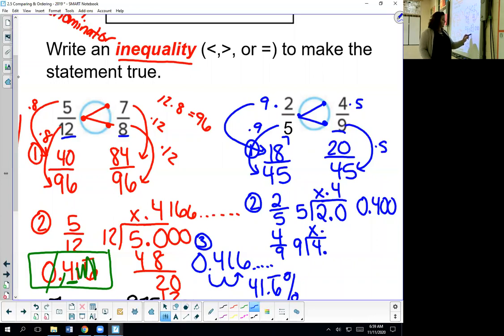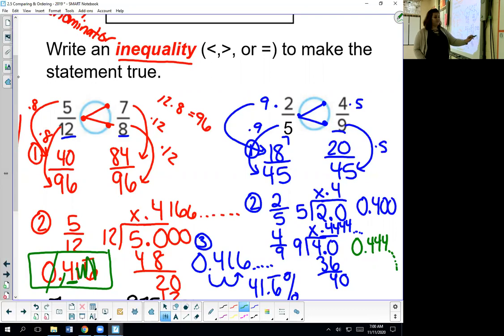If you add a decimal, raise it up, add a 0, this is a 4, which would give you 36, and then a 40 again, and then this would be a 4 and a 4 and a 4. The difference is this ends with zeros, where this one keeps on going with 4s. So this one is 0.444, and this one has zeros after it.